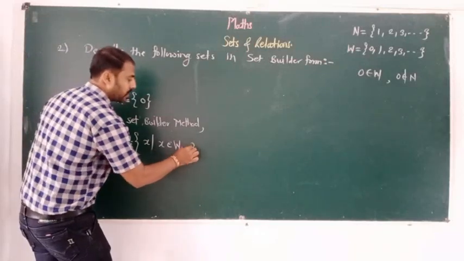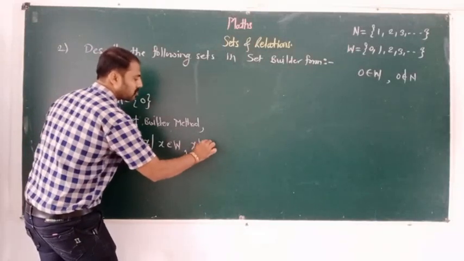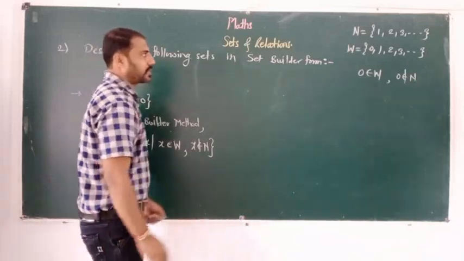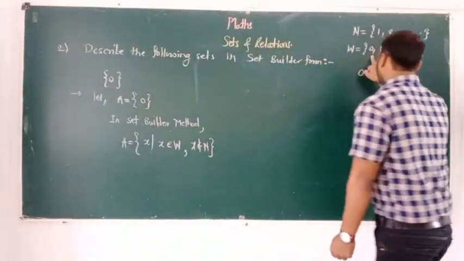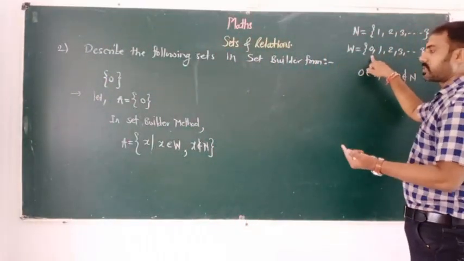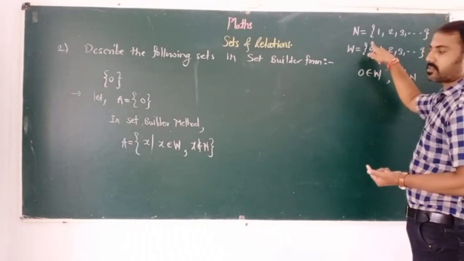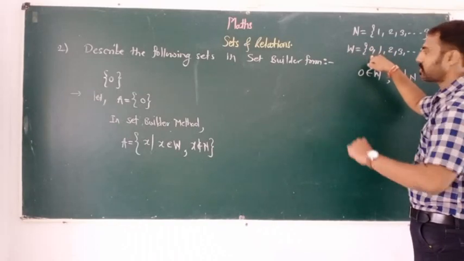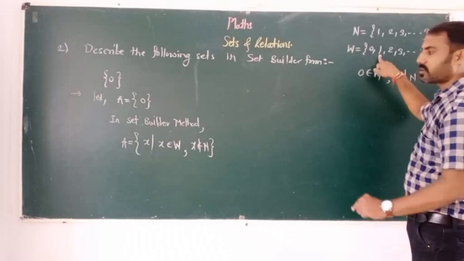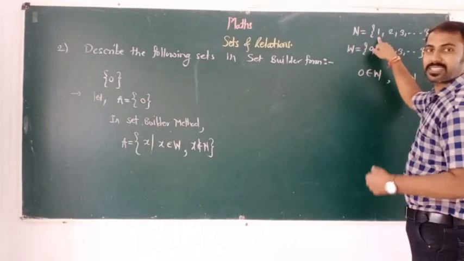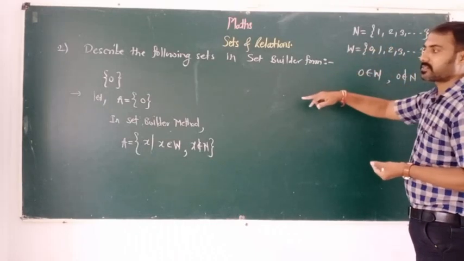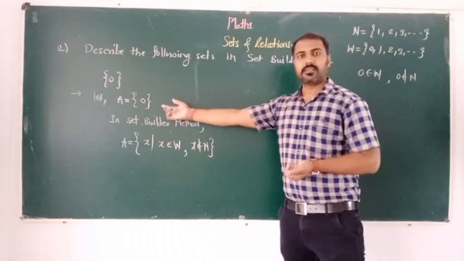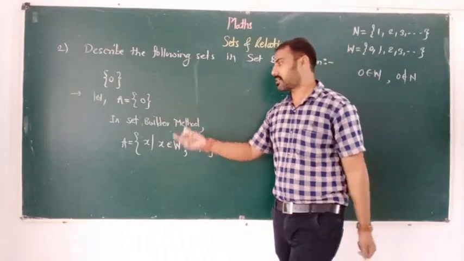But x does not belong to natural numbers. Look at it: 0 is in whole numbers, but 0 does not belong to natural numbers, so we write 0. 1 is in whole numbers, but 1 is also a natural number, so don't write it. So we get only the element 0.